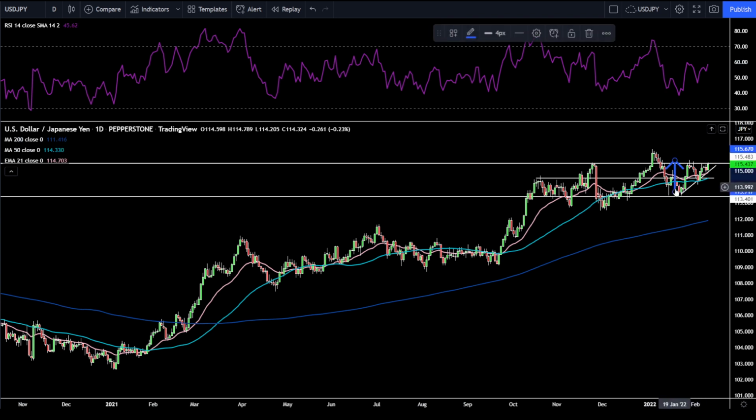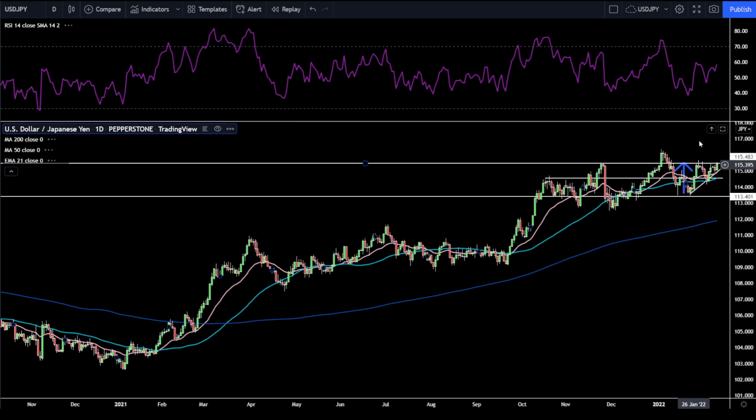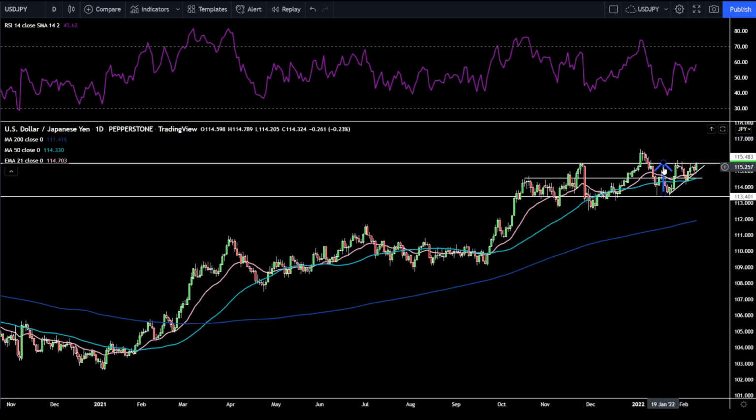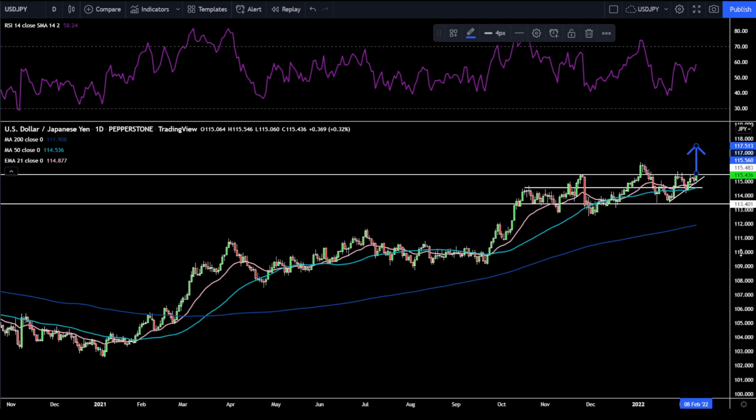So if we project this upwards from here, that target from about 113.5 to 115.5, and we project that up from here, just move that arrow from the breakout area, we're looking at about 117.5. That would be the target if we were to break on US dollar JPY.